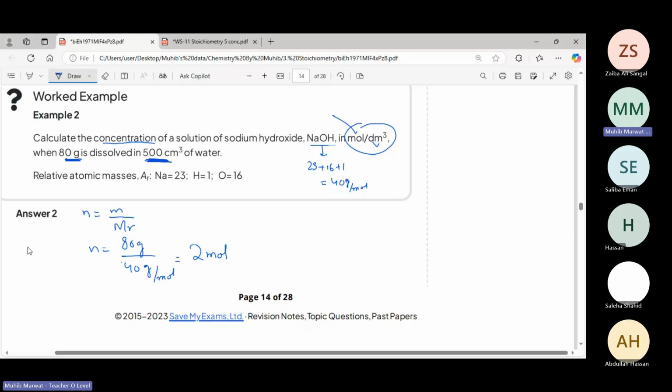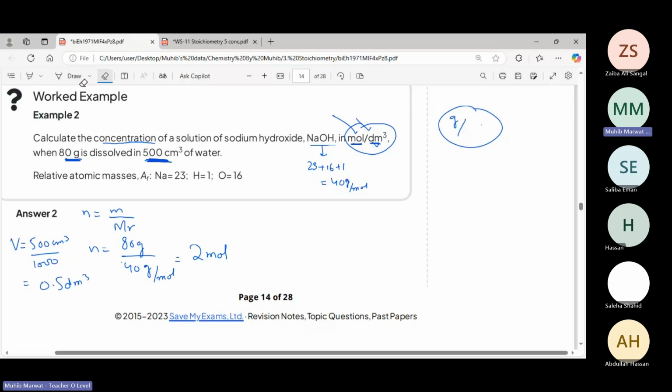And also they have given volume in cm cube, so we are going to convert this. Why don't we use the other formula? Because they are asking in moles per dm cube, right? Not grams per dm cube. The previous formula was good for grams per dm cube.